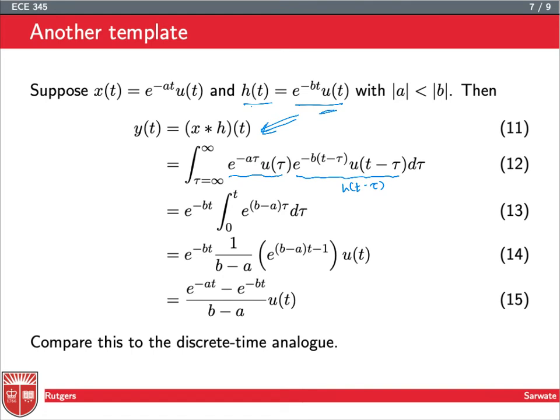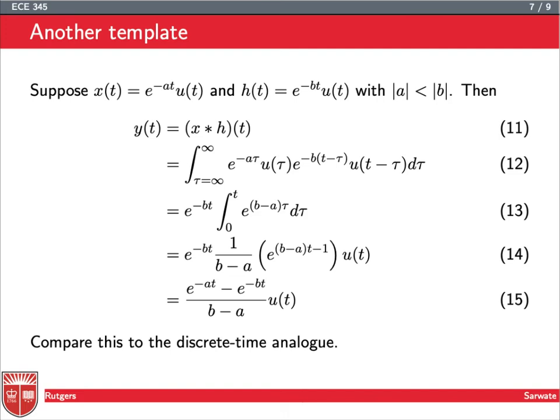Looking at this, e to the minus bt you can factor out because it doesn't depend on tau at all. So we factor out this e to the minus bt, and then u of t clips the integral, starting the integral at 0, and u of t minus tau stops the integral from going farther than t. And we have e to the minus b minus a tau d tau. Of course, we know how to integrate an exponential.